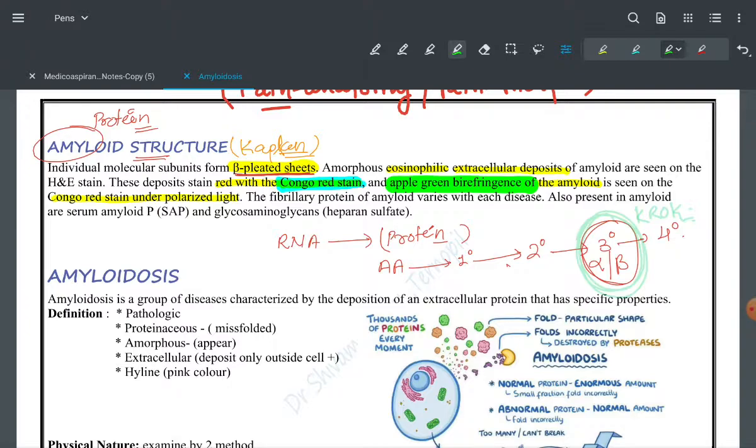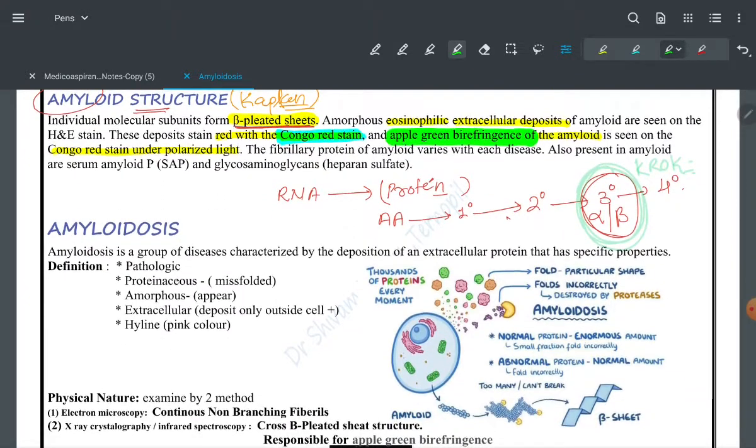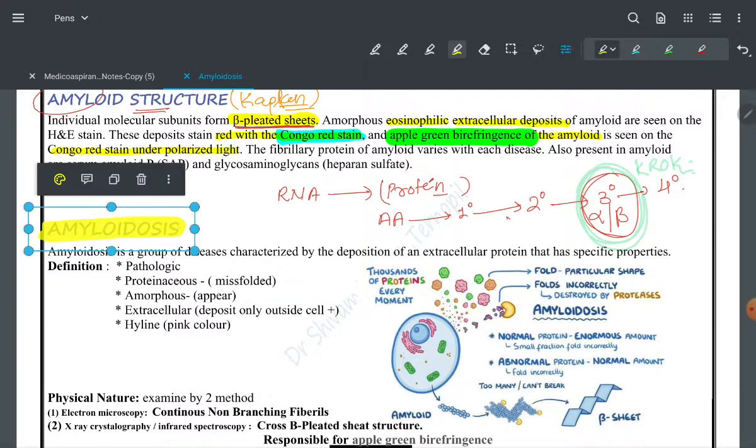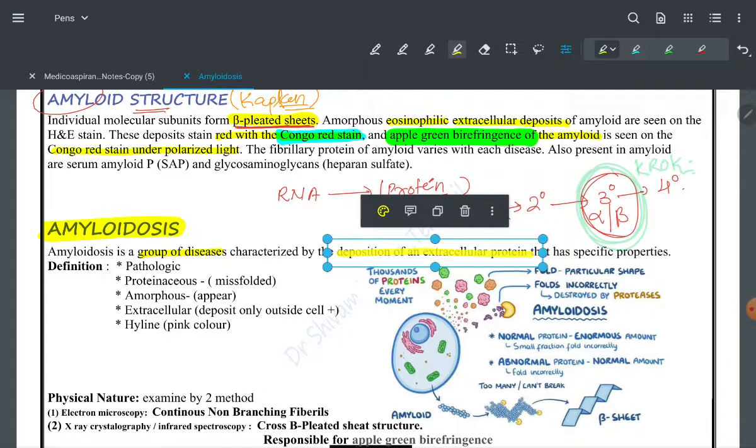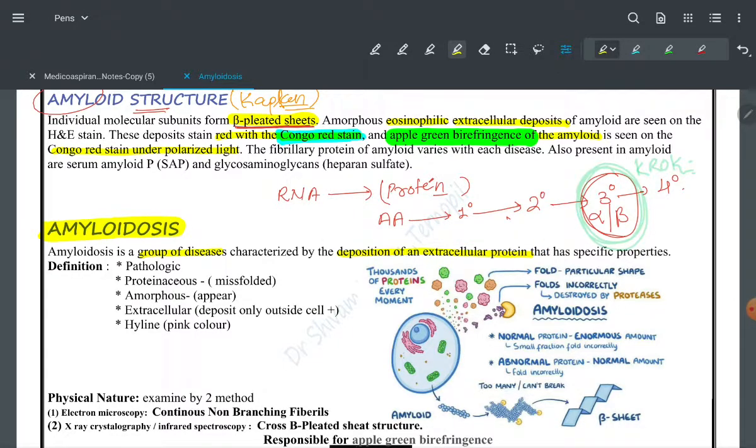Okay. Now from the definition point of view, how are you going to understand this? Simply, what is amyloidosis? It is simply the formation of amyloid. Amyloidosis is a group of diseases characterized by deposition of extracellular protein that has specific properties.